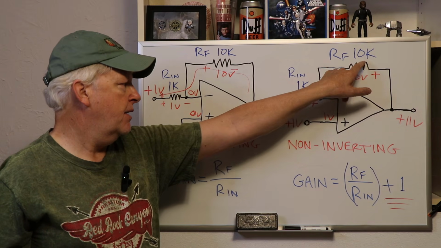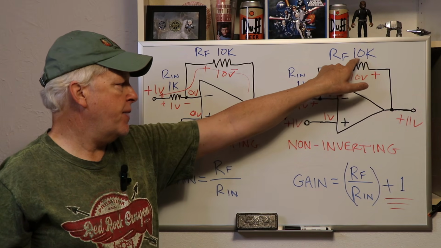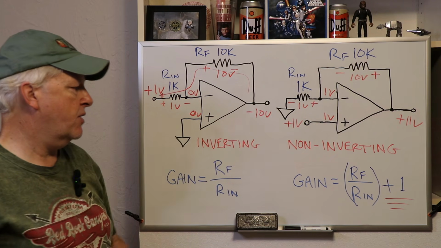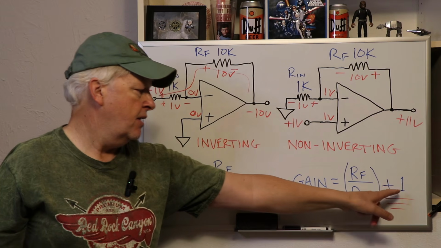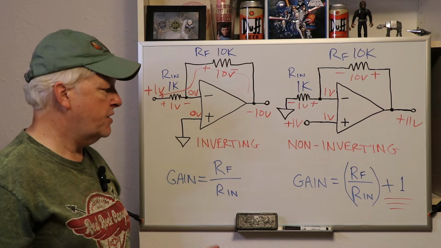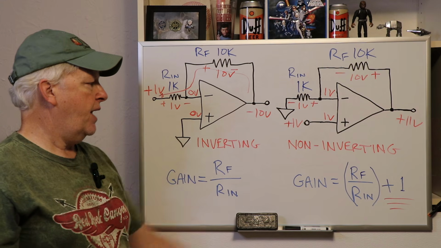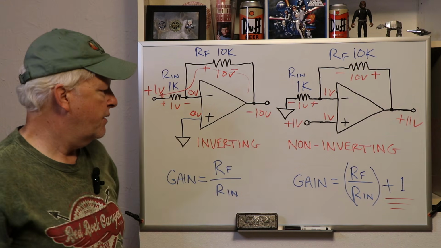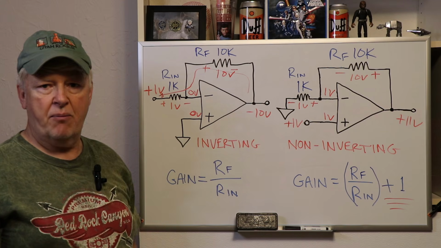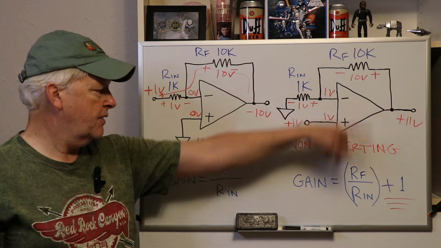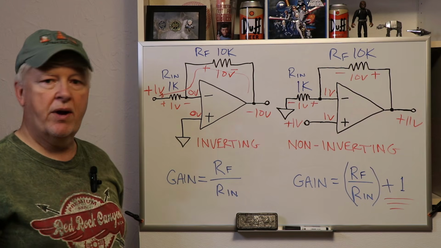So if you've got a 100K or 300K, for example, divided by 1, well, there's your gain of 300 plus 1, or 301. Well, it's not a huge difference. I suppose if you have quite a bit of gain here, the plus 1 doesn't factor in so much and you can ignore it, but it becomes more of a factor the closer to 1 you get.